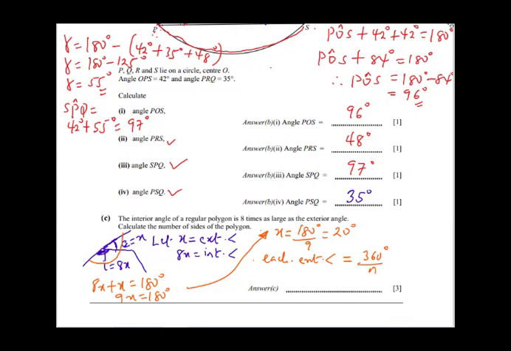So if I make n the subject of the formula, I have n equals 360 degrees divided by each exterior angle. And we have calculated the exterior angle, which is x, to be 20 degrees. So if I divide 360 by 20, I have 18. So the answer is 18 sides. That particular polygon has 18 sides.